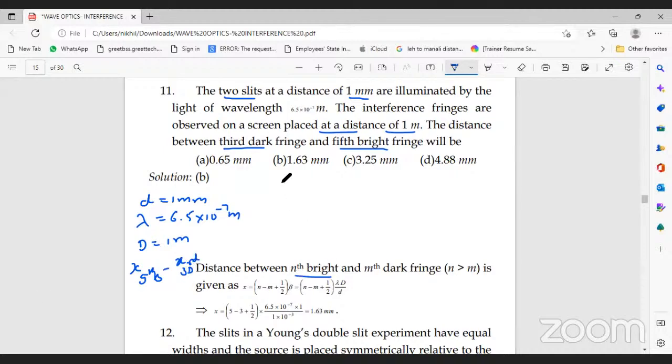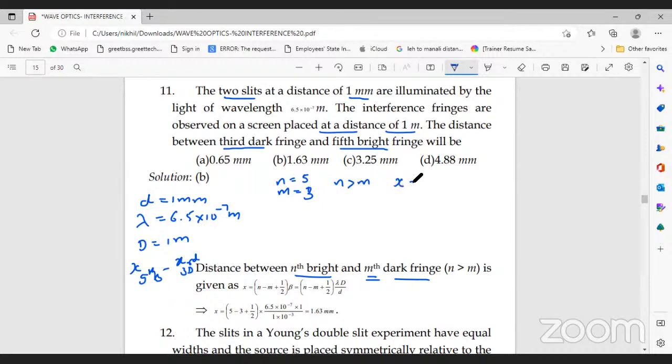So nth bright band, what is n? 5. Mth is for dark, m is 3. So to find the distance between this, you know that n is more than m.